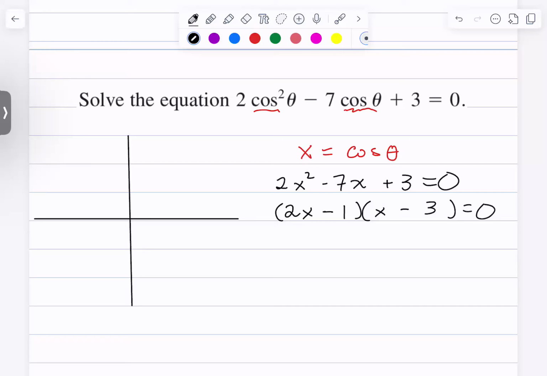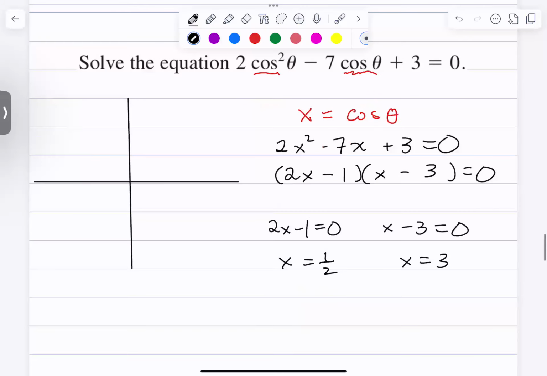I'm not too sure how you learned to factor, but I'm just factoring. So my next step would be 2x minus 1 equals 0, x minus 3 equals 0. So x equals positive 1/2, and x equals positive 3.